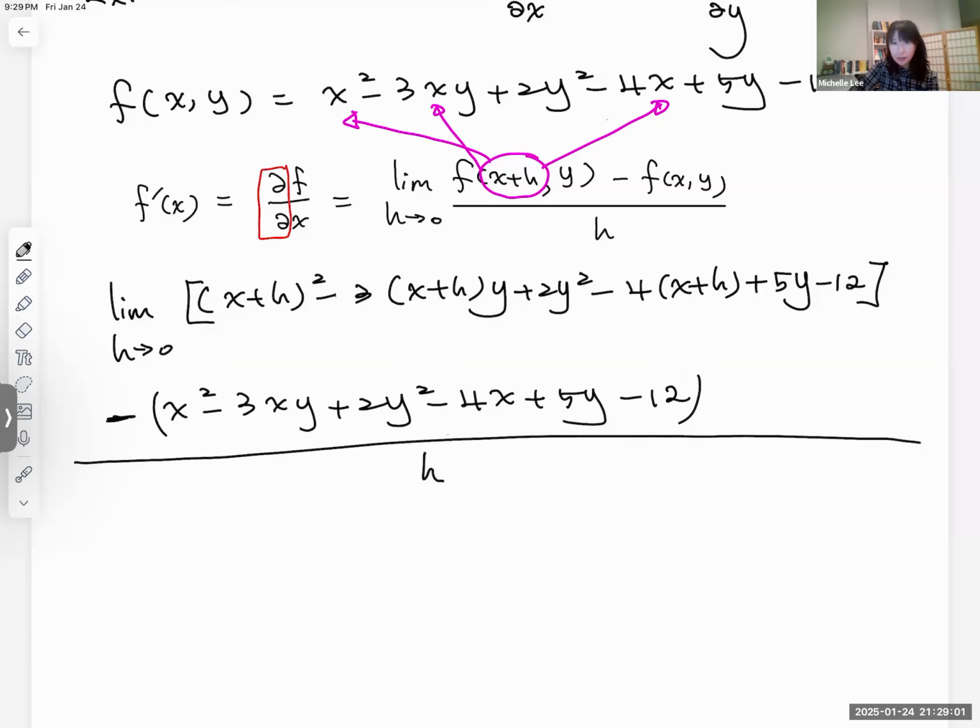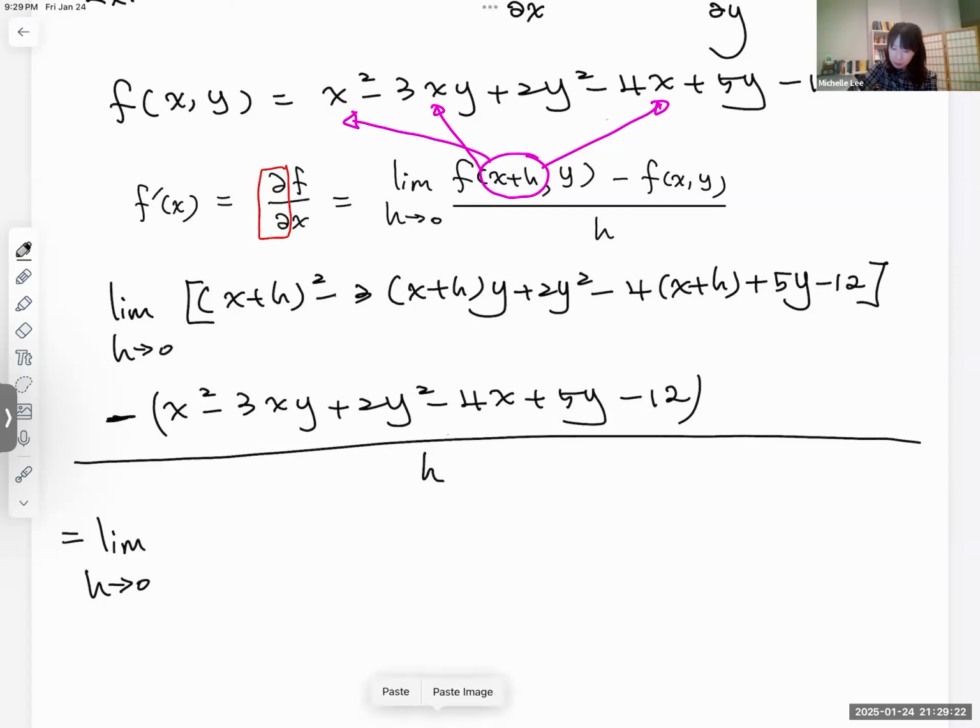Limit as h approaches 0. Then let's simplify everything.